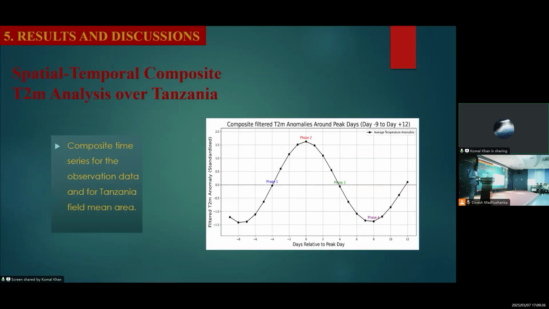Now, the average of this gives you this time series where we have several phases. We have a neutral phase, a warm phase, a neutral phase again, then the cold phase. So this gives us two distinct phases, the warm phase and the cold phase, which we will try to analyze.